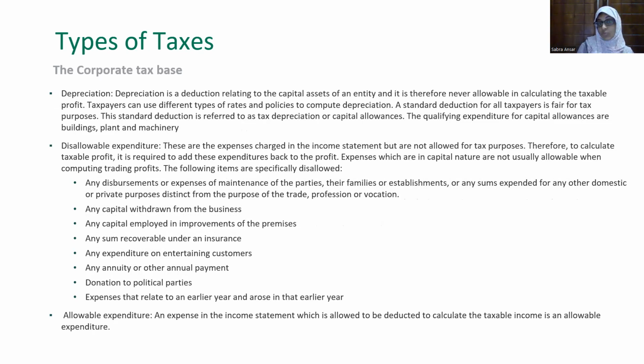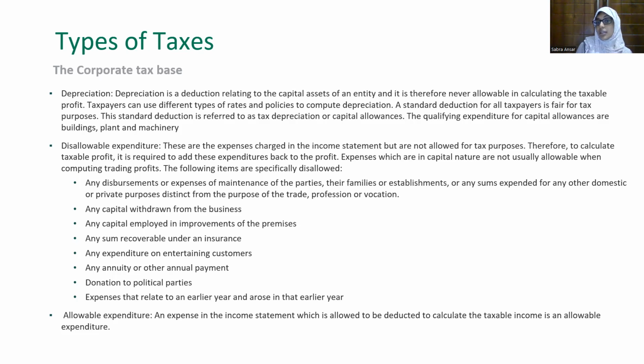Depreciation is basically any deduction which is related to the capital asset of an entity. It could be land, it could be machinery, it could be anything, right? Therefore it is never allowable when calculating the taxable profit. Taxpayers can use different types of rates and policies in order to compute the depreciation.